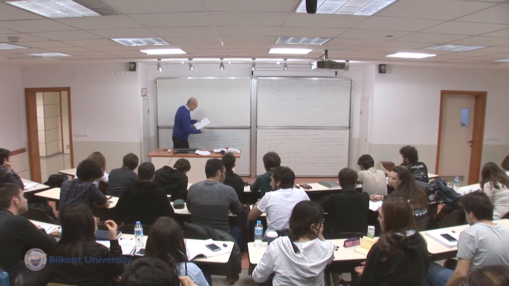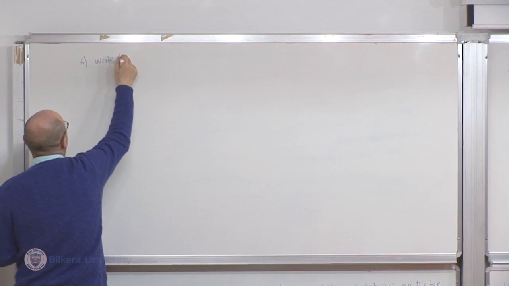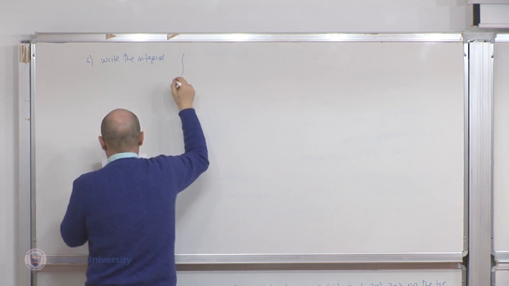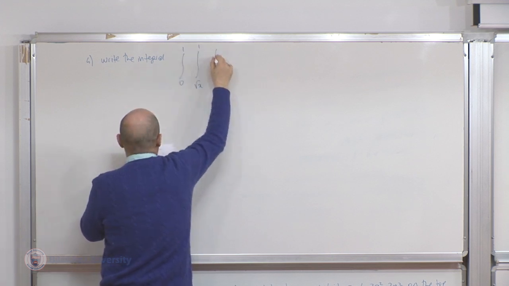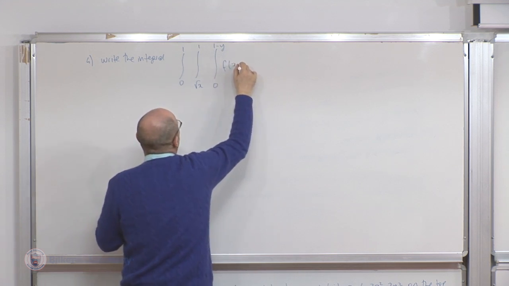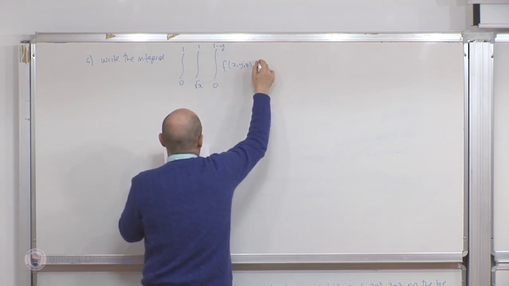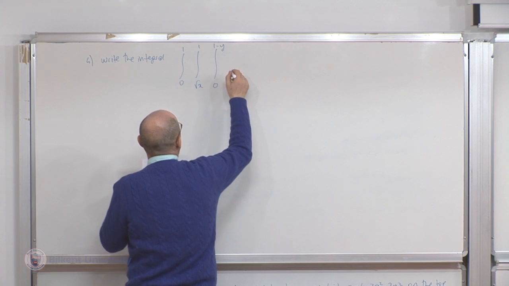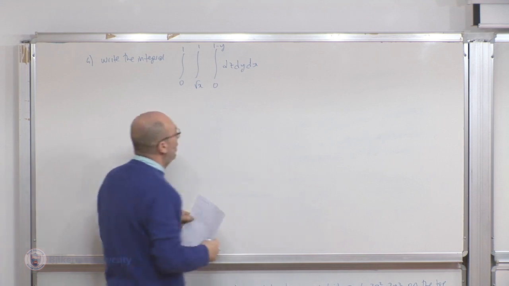Okay, so write the integral from 0 to 1, square root x to 1, 0 to 1 minus y, f of x, y, z. Well, let's skip the f part here. I don't want to write f 6 times. So dz, dy, dx.